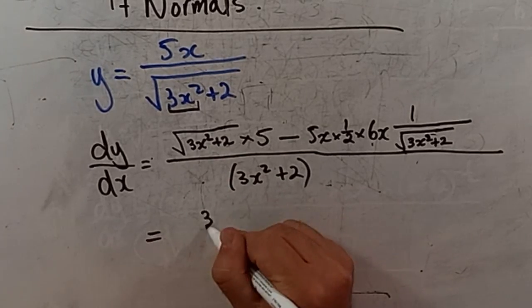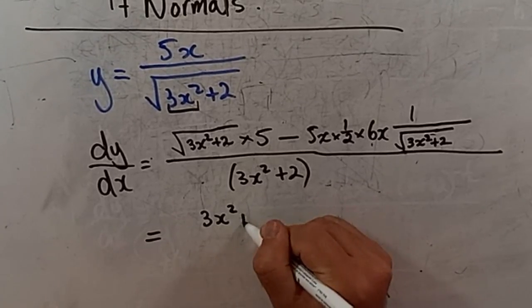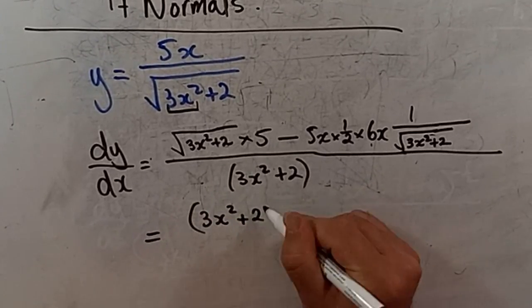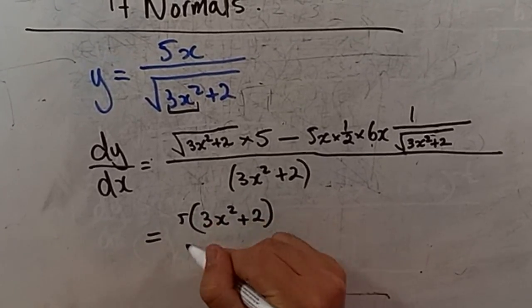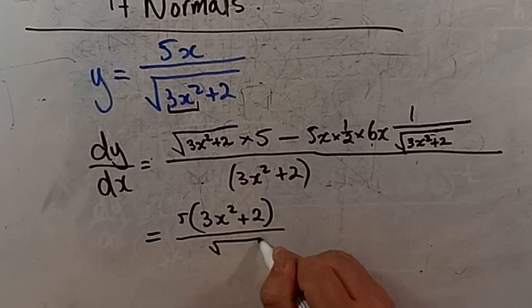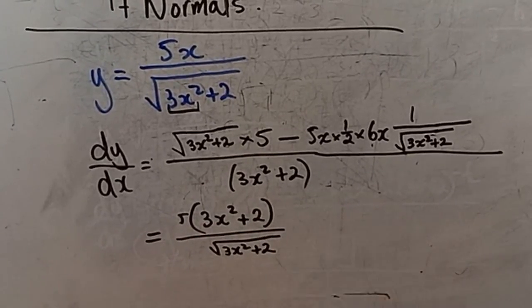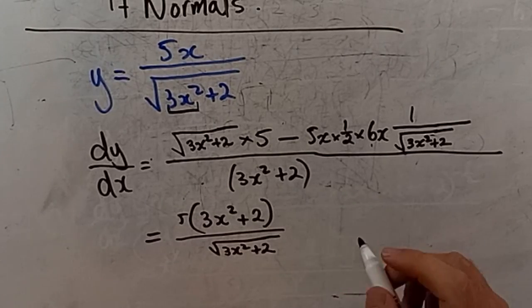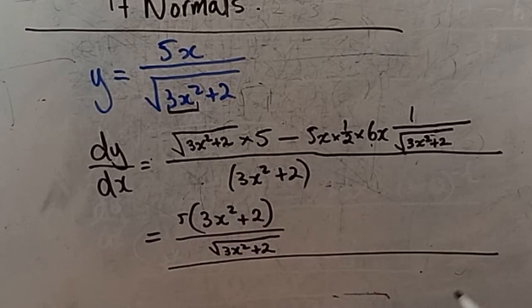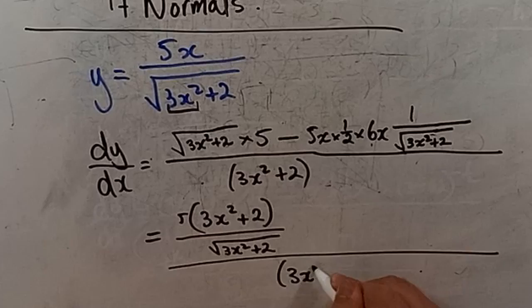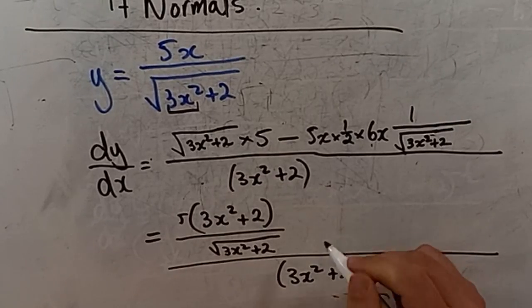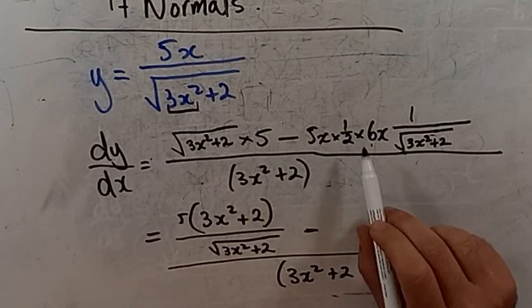So that's going to give me 3x squared plus 2 multiplied by 5 divided by the square root of 3x squared plus 2. Hopefully that's not too small. Okay, so this is over a big 3x squared plus 2 minus, what's this?